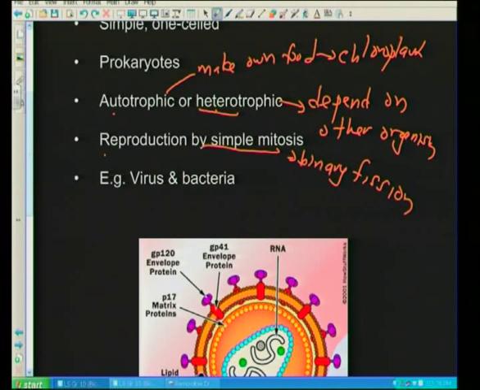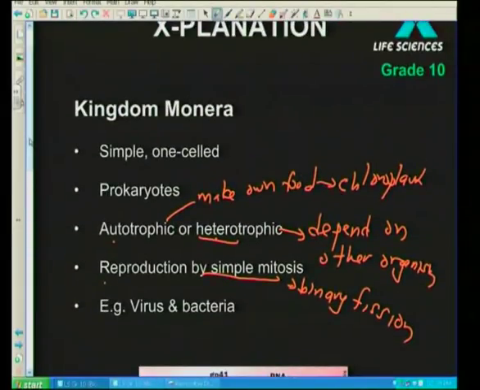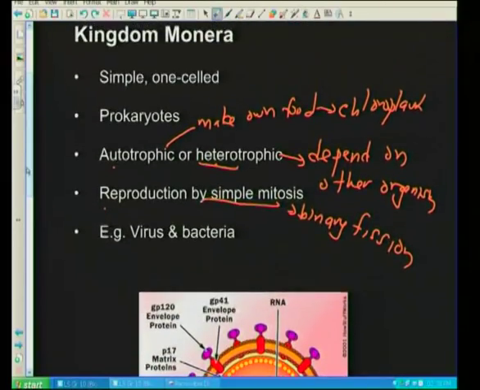Example, viruses and bacteria. So let's look at it again. The Monera kingdom has the characteristics of being unicellular, prokaryotic means primitive nucleus. They could have a chloroplast, which means they can make food on their own. Certain bacteria can make food on their own.